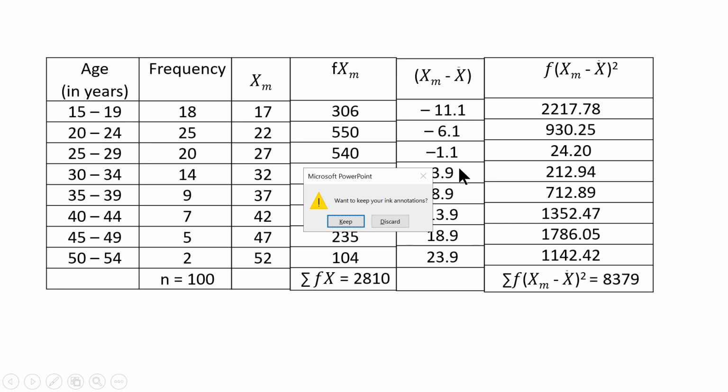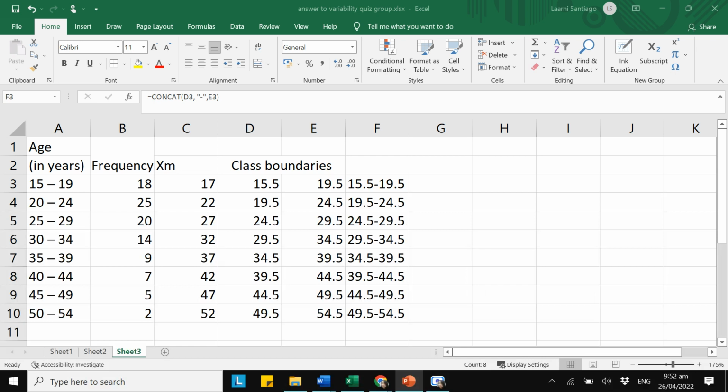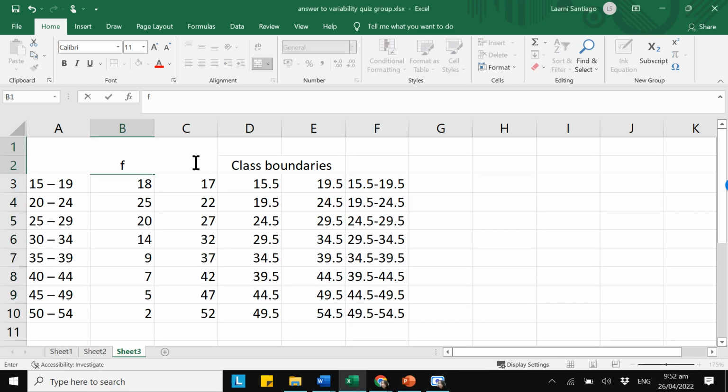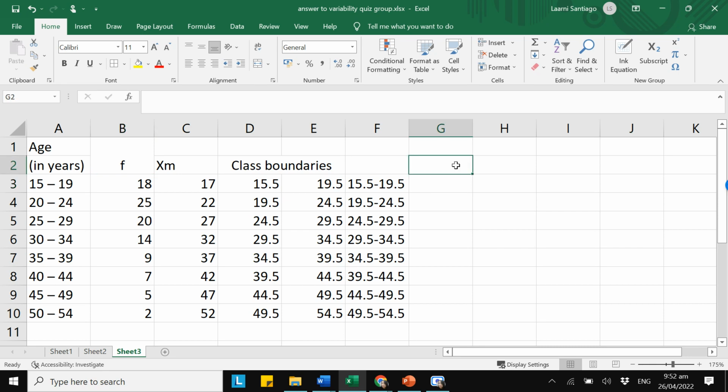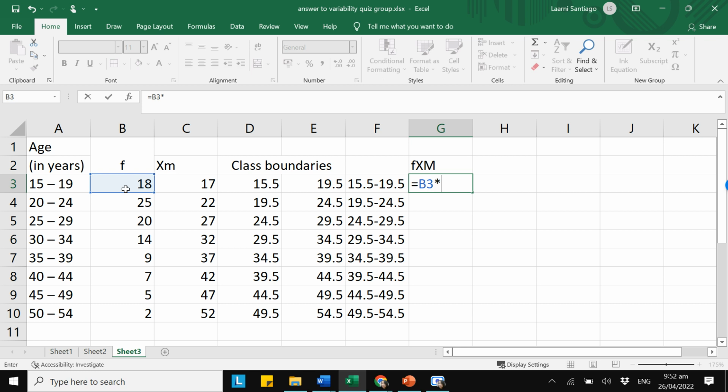So, using the same thing again also. Ayan. Okay. So, we have your frequency. Gawin natin siyang F. Find na dito. X of M. Ayan. So, multiply natin. F x M is equal to, multiply natin 18 times this cell.